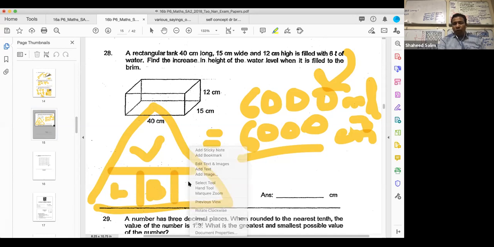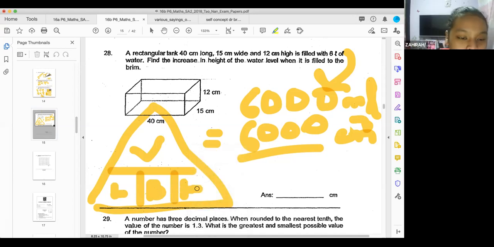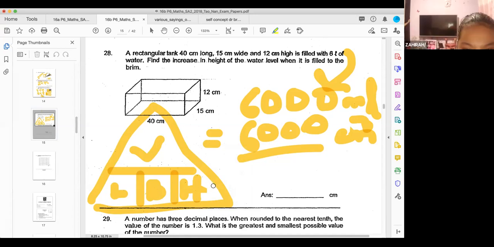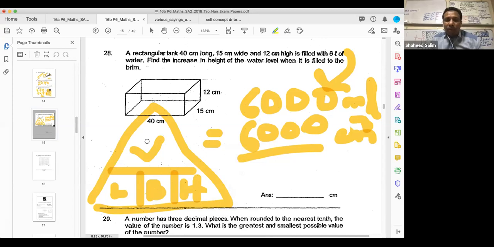Now you want to find the height of the water with 6,000. So height is volume over length times breadth. Volume is 6,000, divided by length 40, times breadth 15.